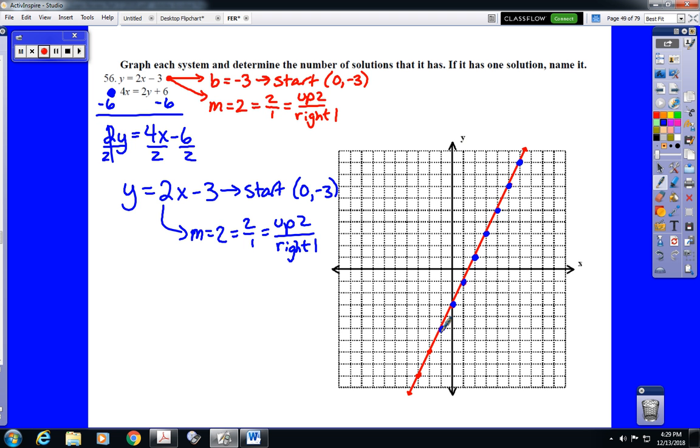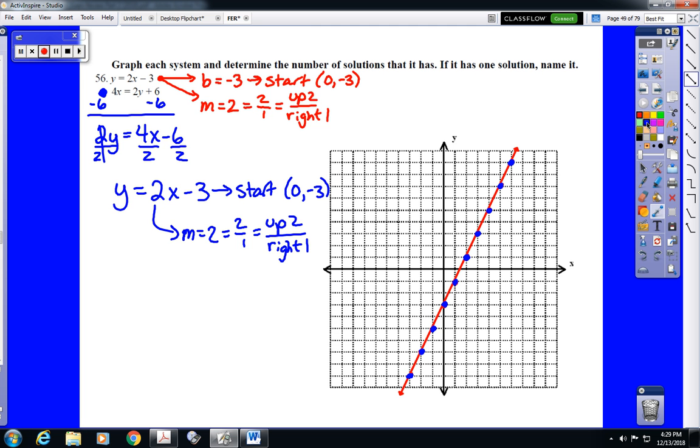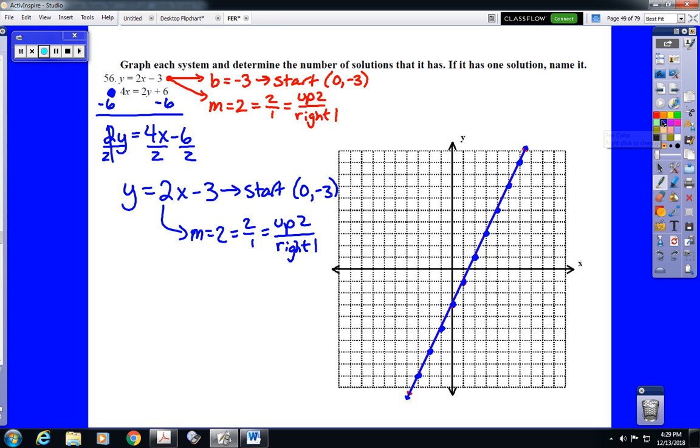So you have to ask yourself, well, what does that mean? Well, what that means, once I get this drawn in here, is that we have the same line twice. And if we have the same line twice, that means that every single point on the line is a solution.